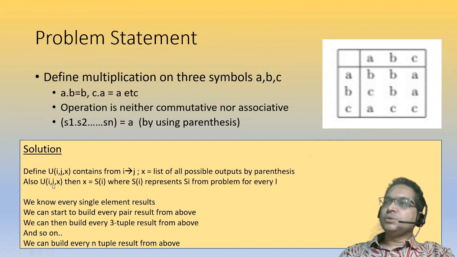Also, U i i of x is trivial, and if you go from i to i, then that Si is the answer, and that's the only outcome. So given these two things, we can now construct a solution very similar to the chain matrix multiply.